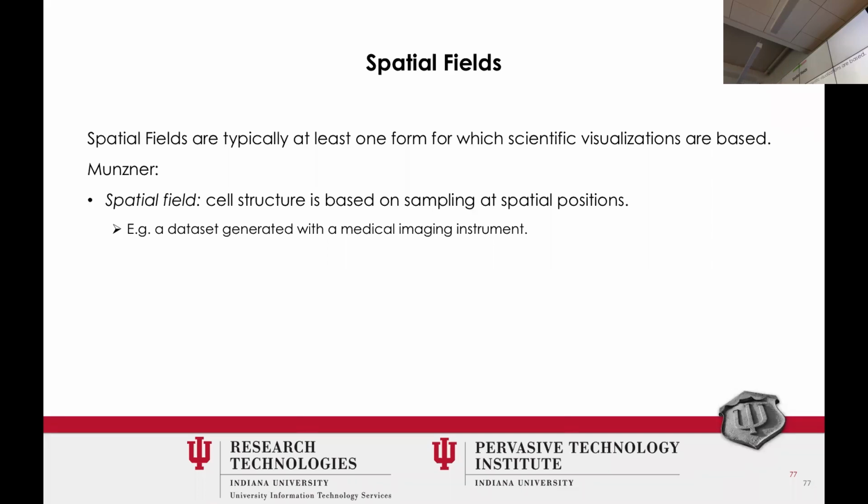Right, and so if we're doing spatial visualization, or in her classification, scientific visualization, that means there's a bunch of data, so there's a cell, which is like one of those items in our table or Excel spreadsheet, that has at least some sort of spatial information about it: X, Y, or latitude, longitude, X, Y, Z. For example, if we're doing some sort of CAT scan, CT scanner, with a medical imaging instrument, then we're going to have a 3D volume that comes out of that.